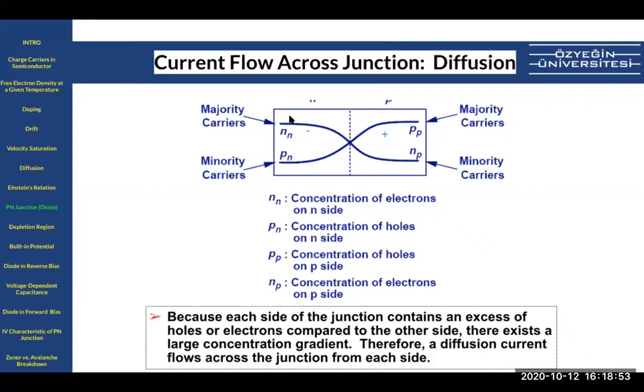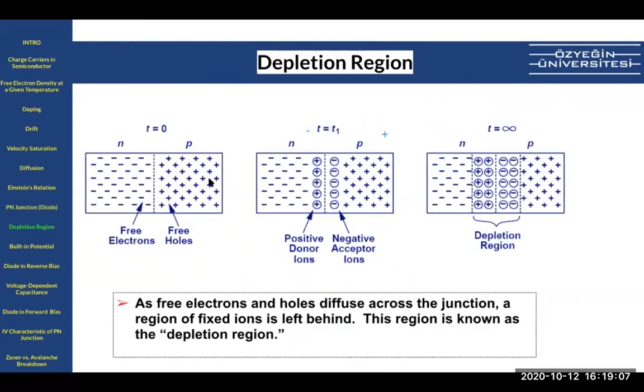Diffusion means flowing of more electrons or holes towards the other side where it is less, towards the minority. So basically in equilibrium, there is this diffusion current, but actually not. If you don't apply a voltage, you don't see a current. So there should be a reason why there is no current when a diode is not excited.